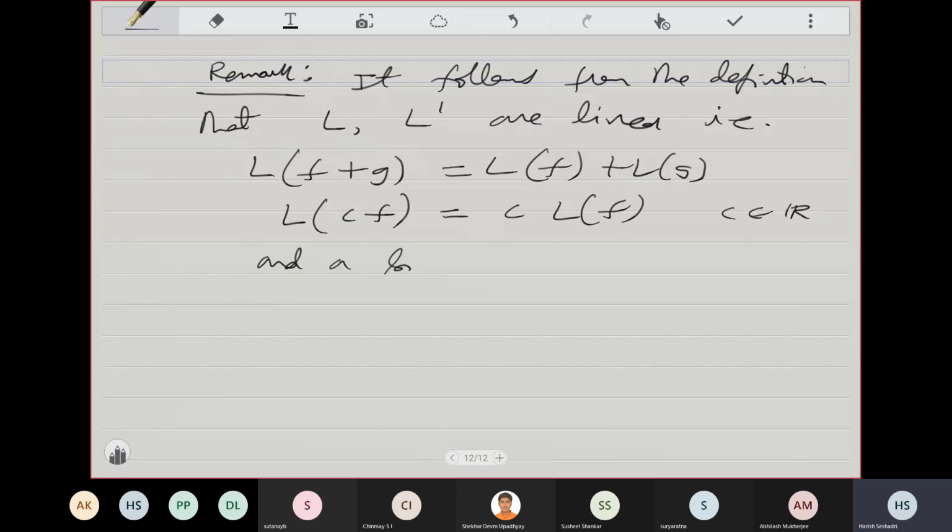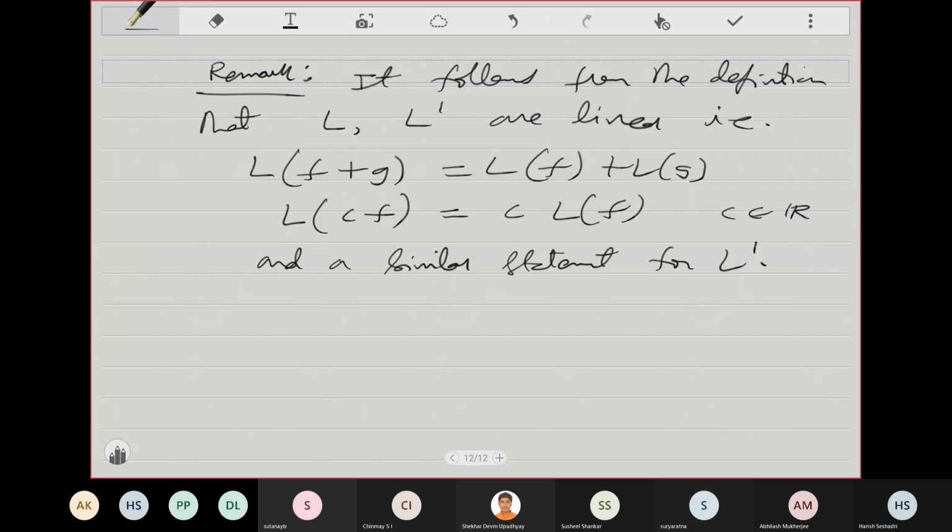And a similar statement holds for L prime. This is one of the advantages of Rudin's approach, that these statements become quite immediate.